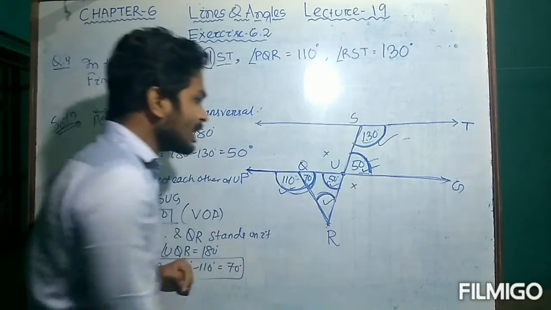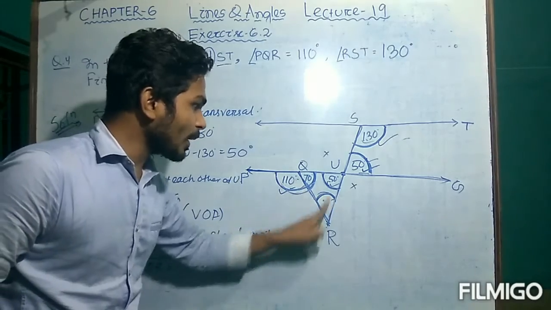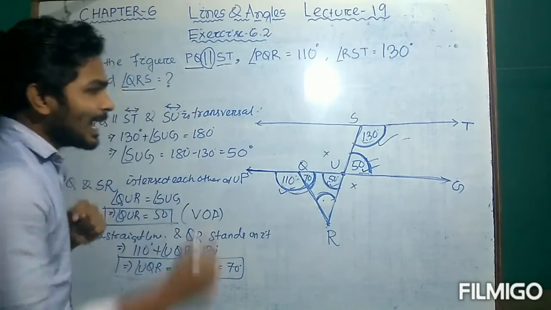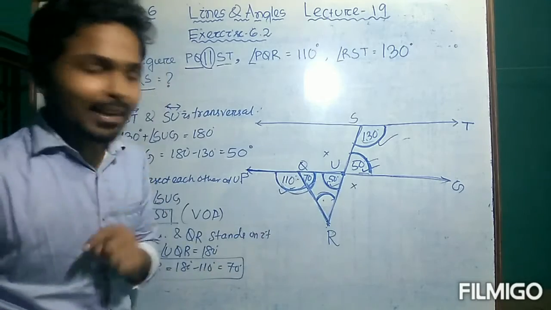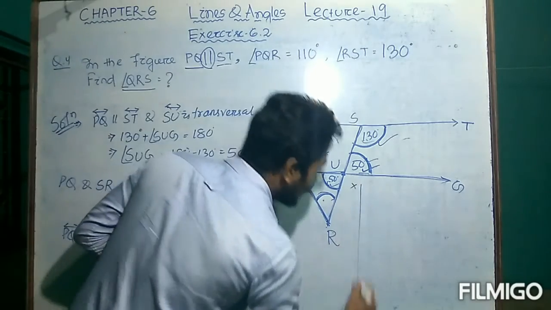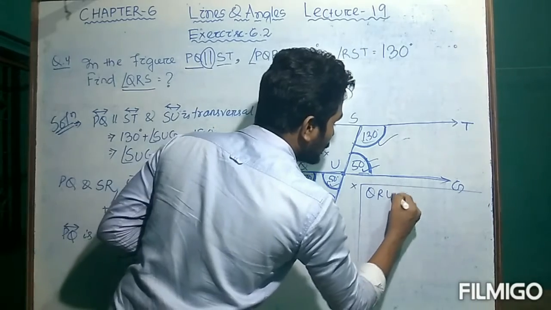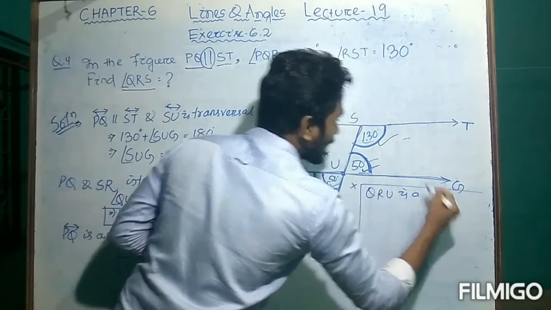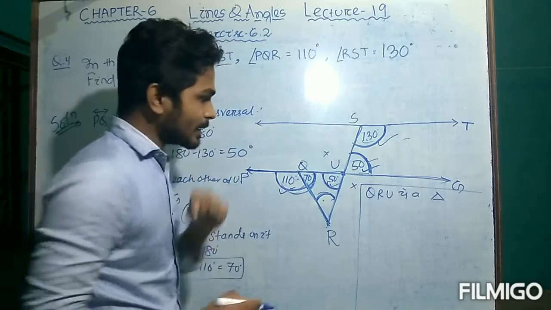Right? This value is 50 degrees, this value is 70 degrees. Now our final target is to find this value QRS. Okay, how can we find it? Now consider this. This is a what? This is a triangle. QRU is a triangle, and in a triangle the sum of all the angles is equal to how much? 180 degrees.